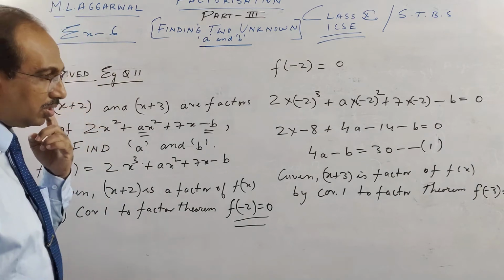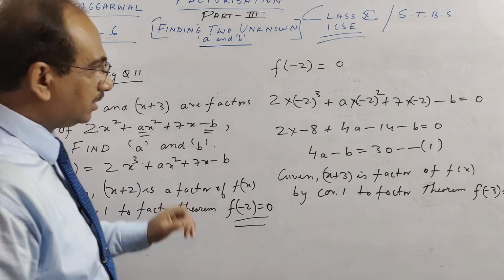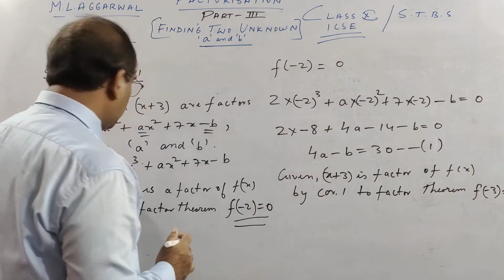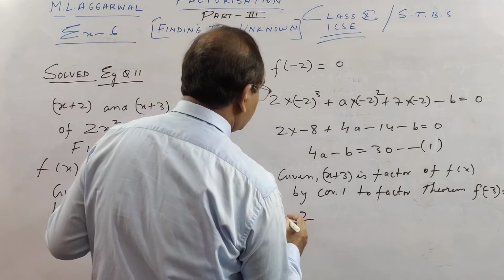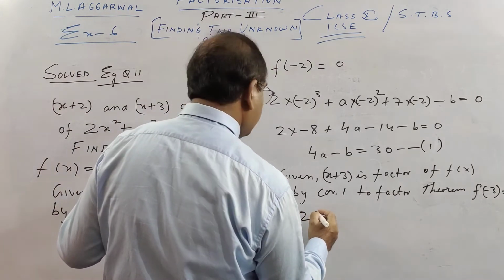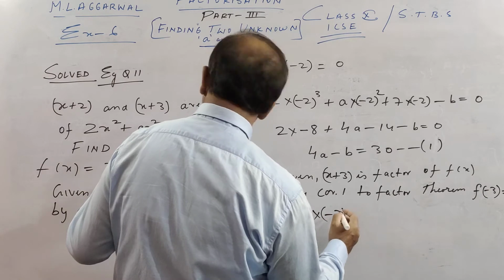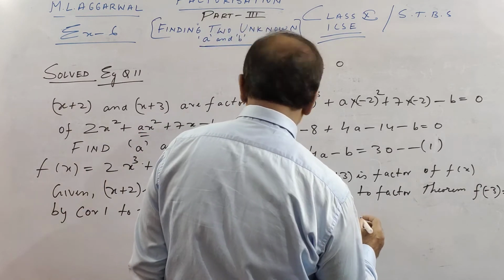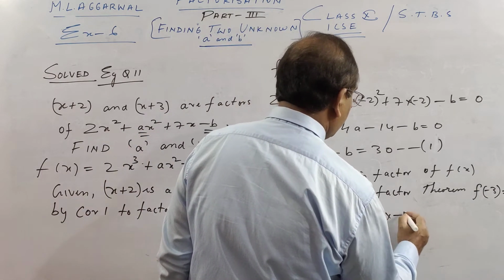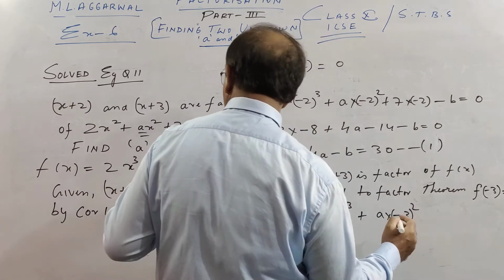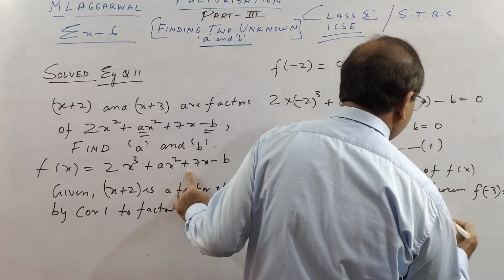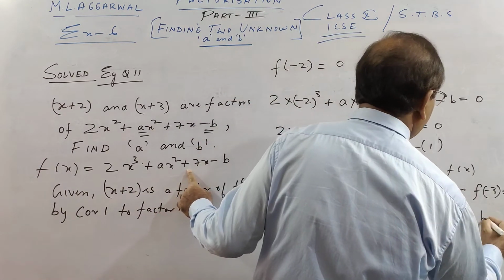So f(-3), wherever x is there, children, we will write there (-3) cube plus a into (-3) square plus 7 into (-3) minus b is 0.